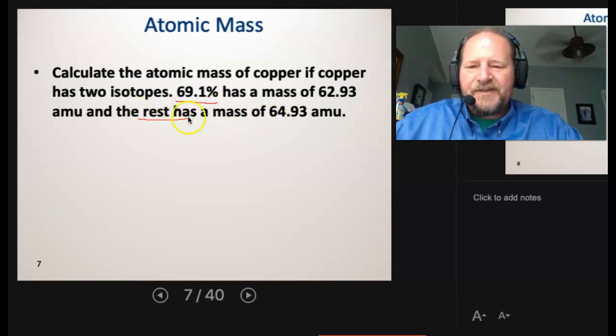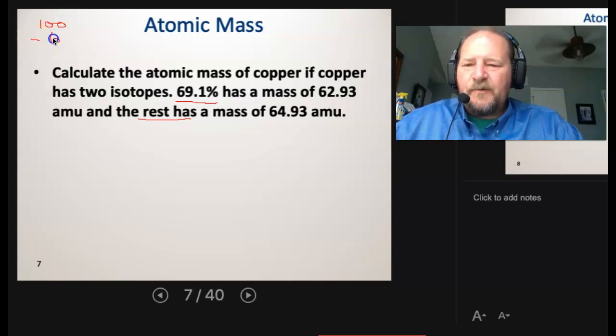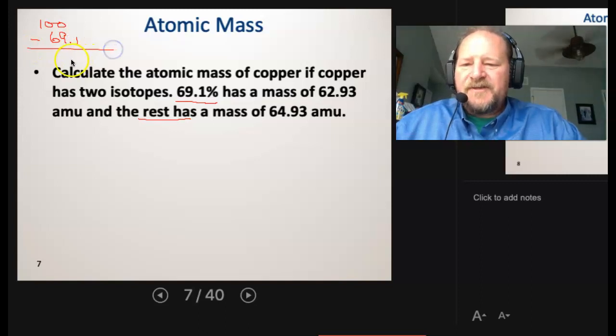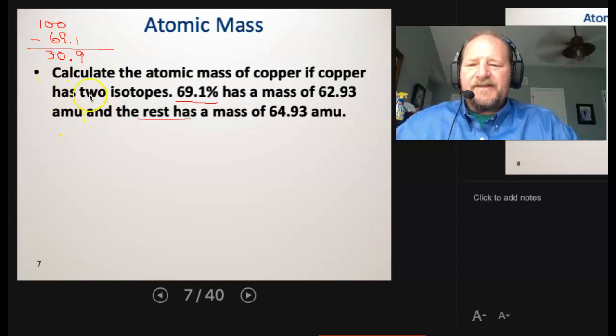So the first thing we do is figure out what's the rest. So I'm going to take 100% and subtract that 69.1. Remember, this is a percentage, so it has to equal 100%. So that's going to be a 9 there, and that's going to be a 0, and of course a 3. So the rest of it then is 30.9%.